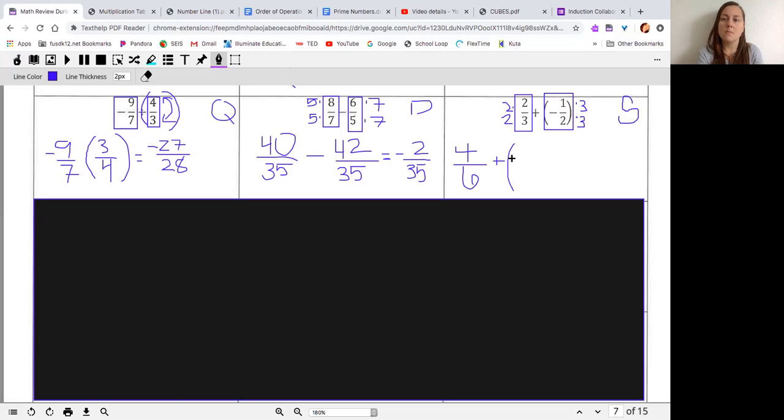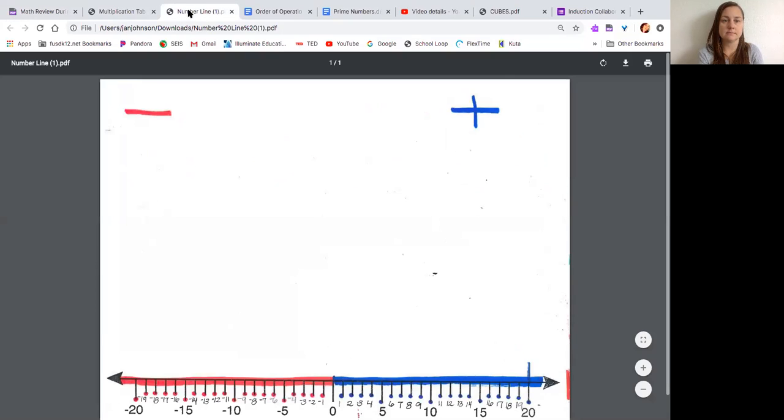Put my parenthesis and my negative sign, my fraction bar, another parenthesis. Okay. Now, 1 times 3 is 3, and 2 times 3 is still 6. So now I'm looking at 4 plus negative 3. So I have 4, and even though I'm adding a negative number, I'm really going to the left.